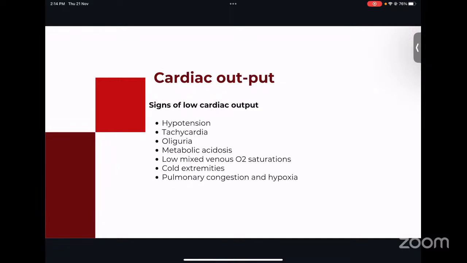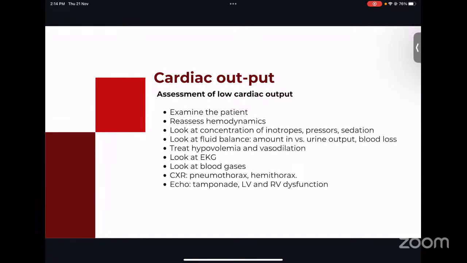Signs of low cardiac output include hypotension when the MAP is less than 60 millimeters of mercury, tachycardia when the heart rate is more than 90 beats per minute, oliguria with urine output less than 1 mL per kg per hour, or metabolic acidosis. It also includes cold extremities, pulmonary congestion, and hypoxia.